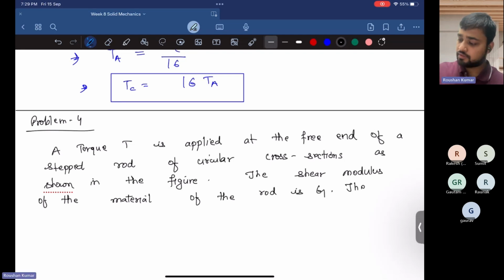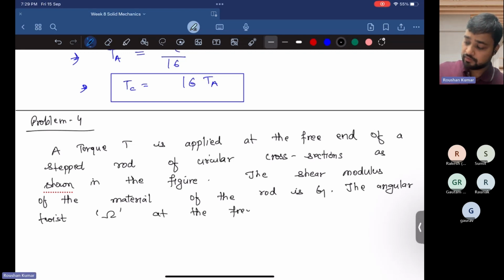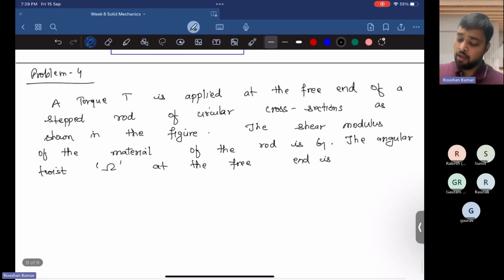The angular twist omega at the free end is... So the question is, we have 4 options.